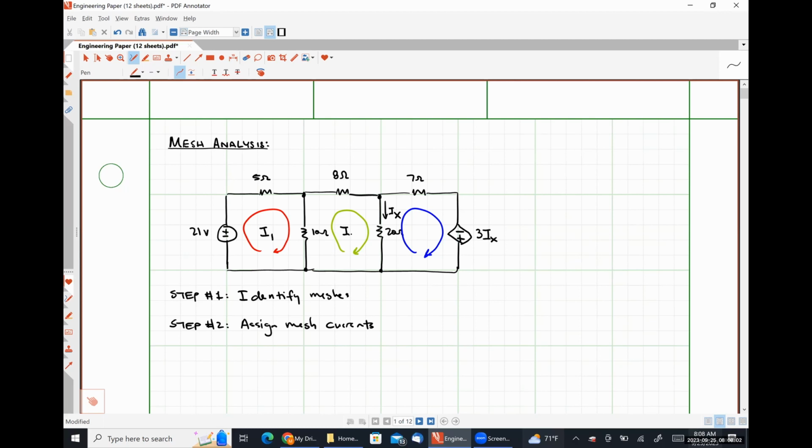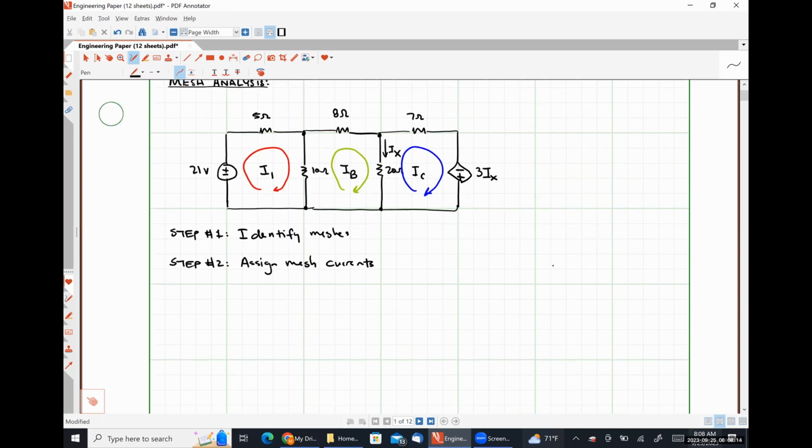For this middle mesh, let's call this mesh current IB. And for this right-hand mesh, let's call this mesh current IC. We are now going to express our controlling variable in terms of our mesh currents.